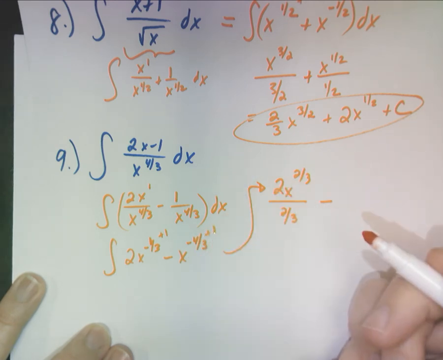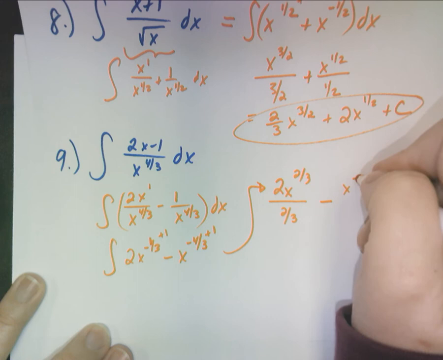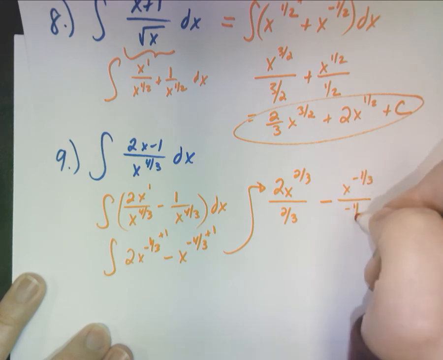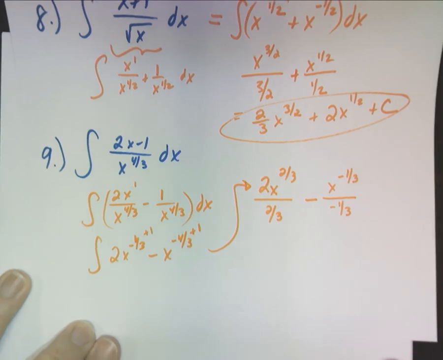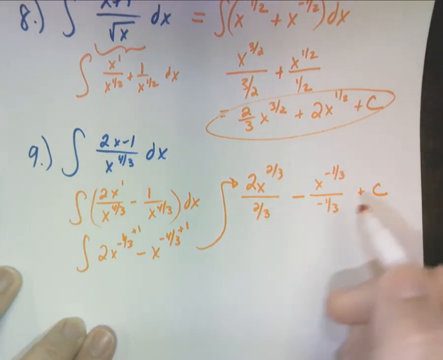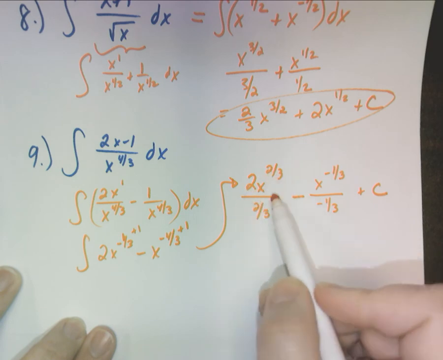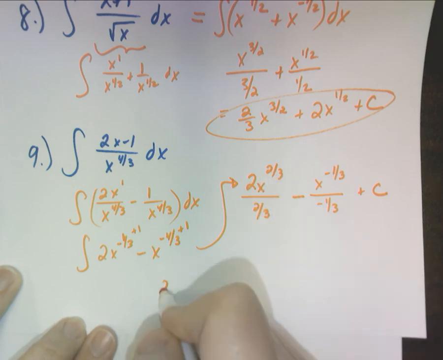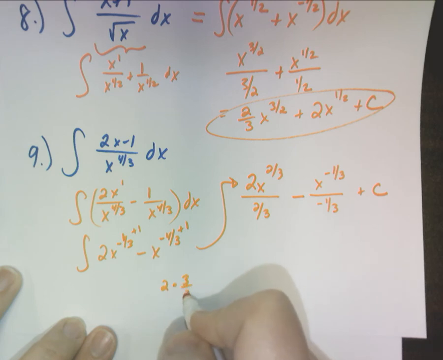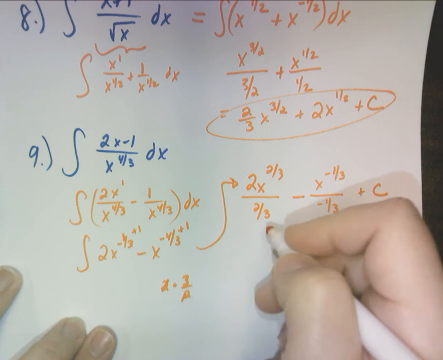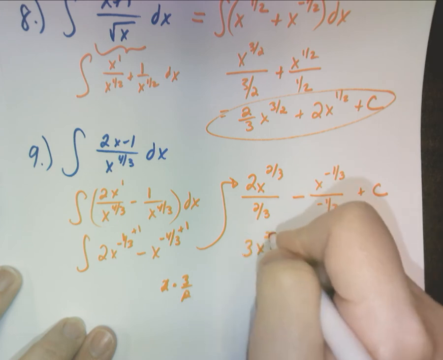So add 3/3 would be x to the negative 1/3 and divide by negative 1/3. You always divide by the exponent. So let's see what happens here. Keep, change, flip. 2 divided by 2/3. 2 times 3/2 is just 3. So this 2 divided by 2/3 is just 3, x to the 2/3.